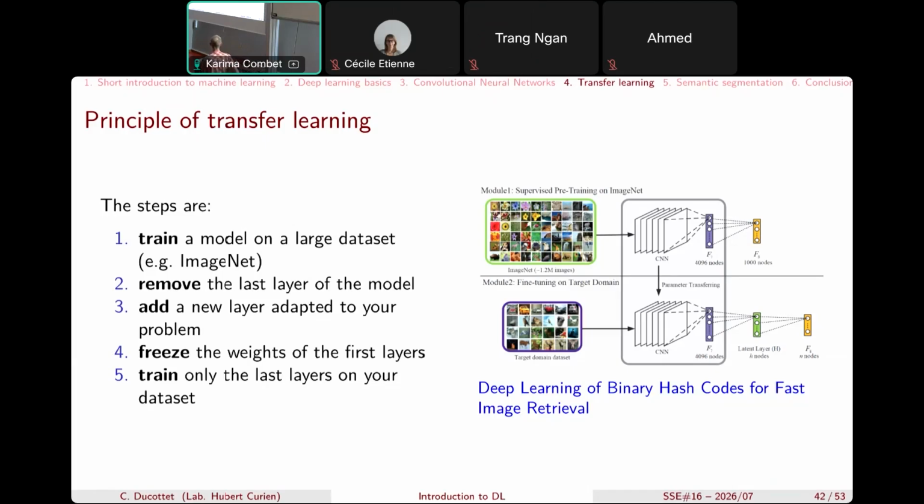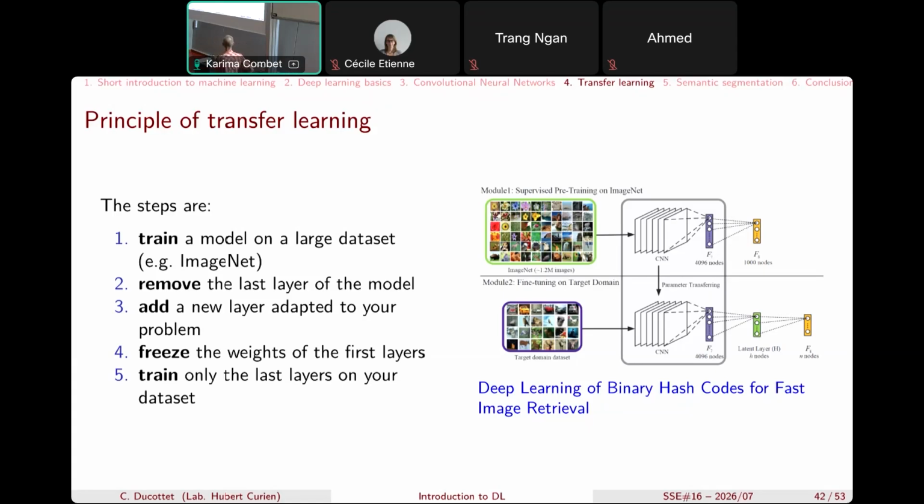The network has been drawn here in a simplified drawing. So we have the convolution part here, and we have here the fully connected part. The idea is to keep some part of the existing network and add new neurons at the end, for example.